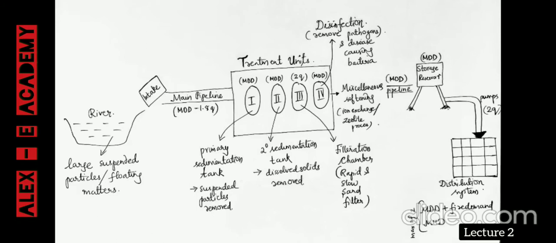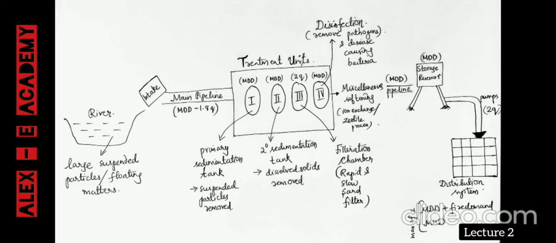For MDD, Q is equal to 1.8 times small q, where small q is the average daily demand of water, and for MHD, capital Q is equal to 1.5 times MDD, which is equal to 2.7 times the average daily demand of water. We had stopped at that portion.